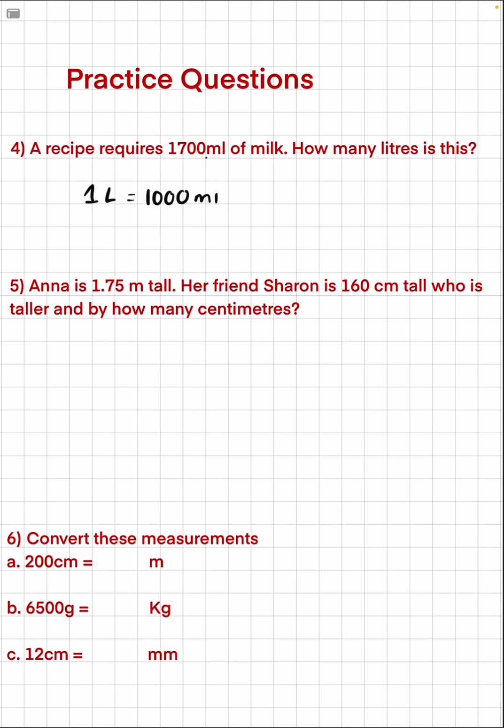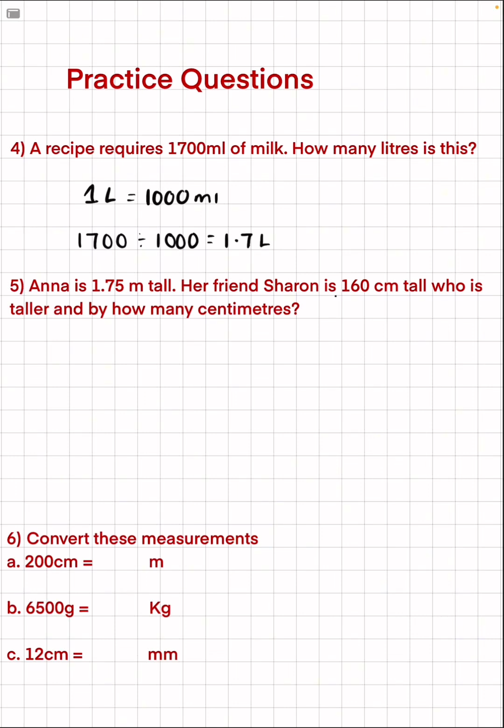We're going from small units to big units, so we divide 1,700 divided by 1,000, which equals 1.7 liters.